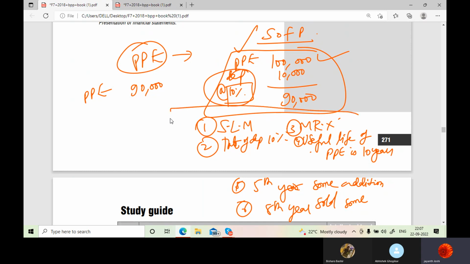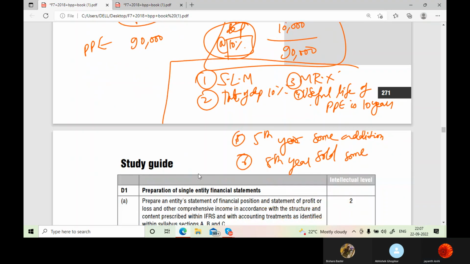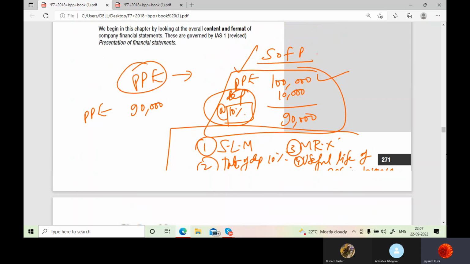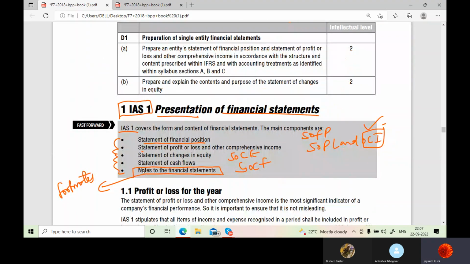You have to show it separately, and that you would do under notes to financial statements, understood? That means all the extra information regarding the asset should be shown in the footnotes, or notes to financial statements, we call it.